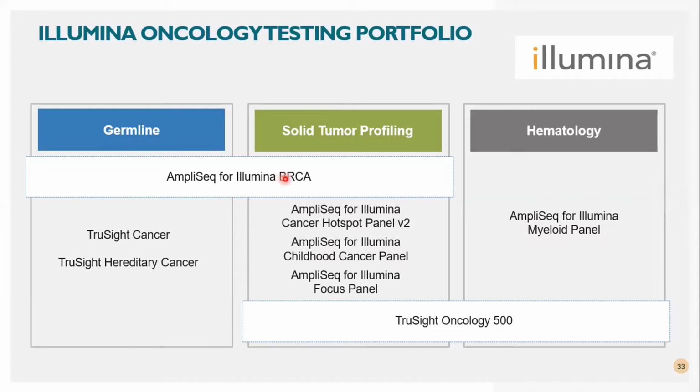So BRCA panel, which comprises BRCA1 and BRCA2, TruSight Cancer and TruSight Hereditary Cancer for germline screening, solid tumor cancers for hotspot, childhood cancer panel, or focus panel. So these are resequencing panels, right? Resequencing assays, like for example, this focus panel.